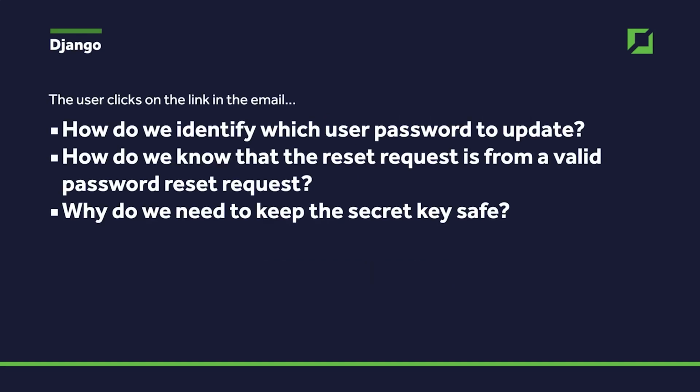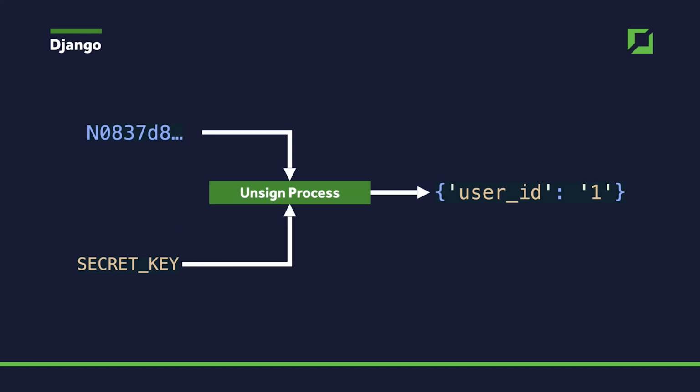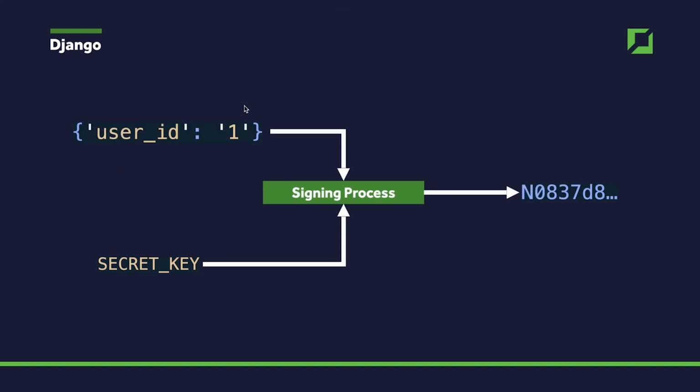The third question: why do we need to keep this secret key safe? Take, for example, the example I showed earlier, where we utilize the secret key, add some data, and go through a signing process. If someone was to obtain our secret key, they could go through this process themselves to generate a signed value.